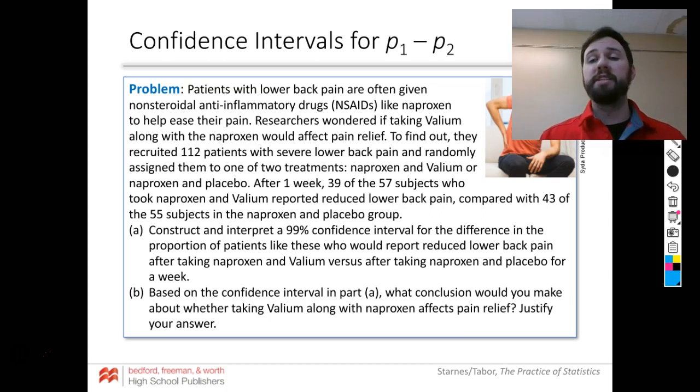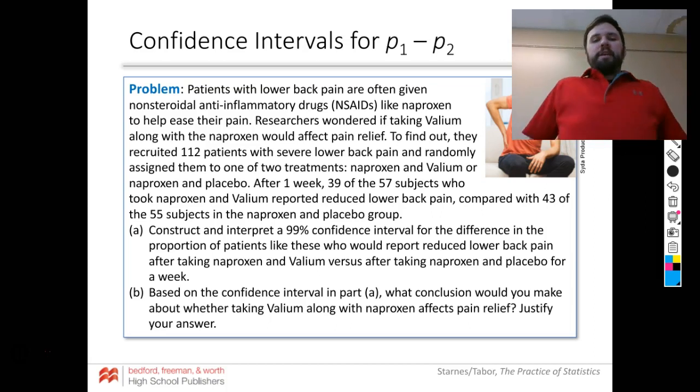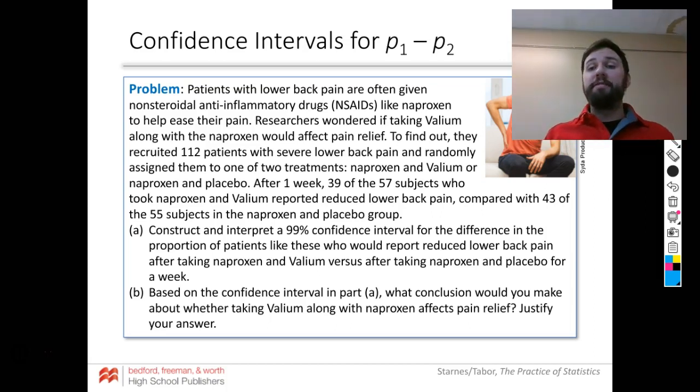After 1 week, 37 of 39 patients who took both had reduced lower back pain, and 43 of the 55 in the other group had pain relief. So let's make a confidence interval about the difference in proportion in back pain between the two groups.